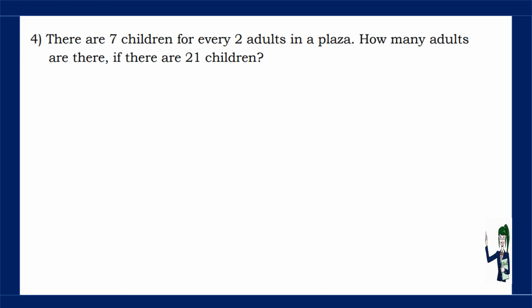There are 7 children for every 2 adults in a plaza. How many adults are there if there are 21 children? So the proportion is children to adults. So 7 children to 2 adults equals 21 children to blank adults. So the missing part is the adults.